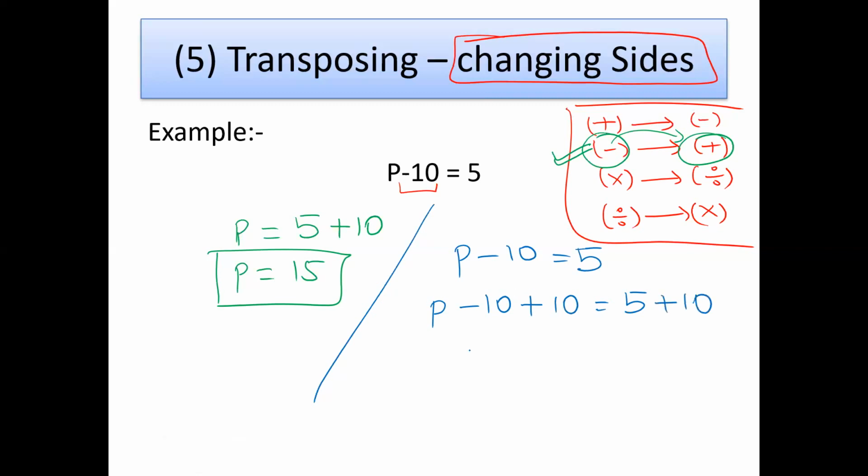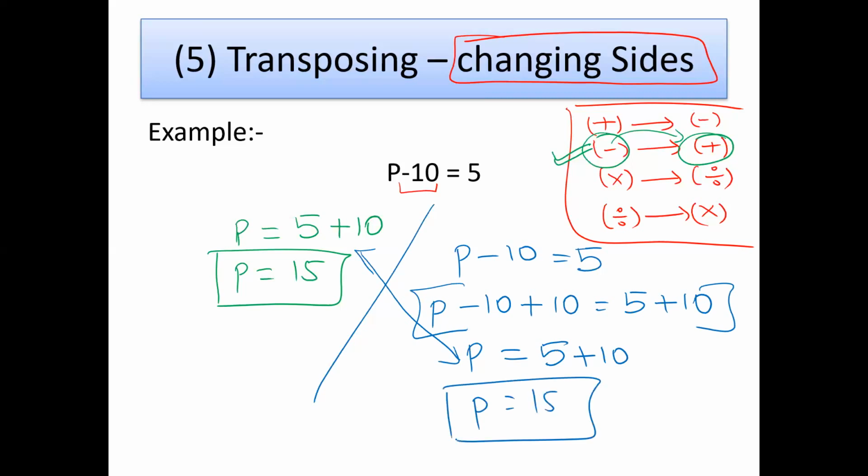So minus 10 plus 10 will give us 0, and we are left here with p is equals to 5 plus 10. That means the same we have got by transposing. So this was the shortcut of this single step, and यहाँ से भी हमारे पास p is equals to 15 आ रहा है.